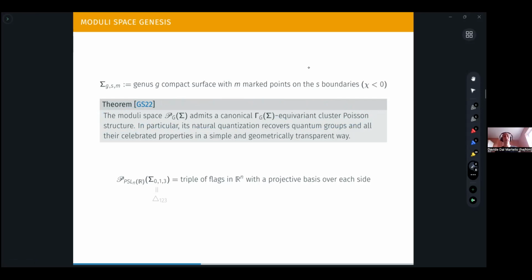For example, quantum groups can be realized by picking a certain geometry Sigma and a certain group G, in geometric terms within this moduli space.